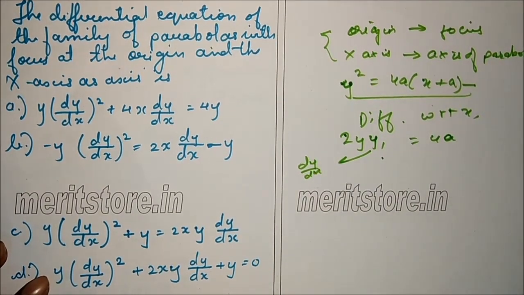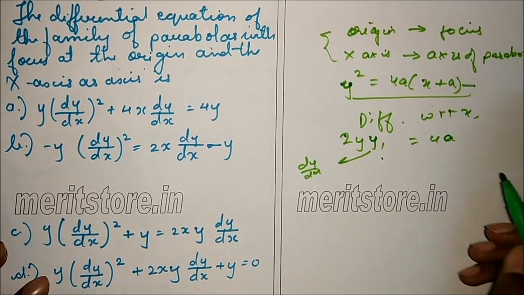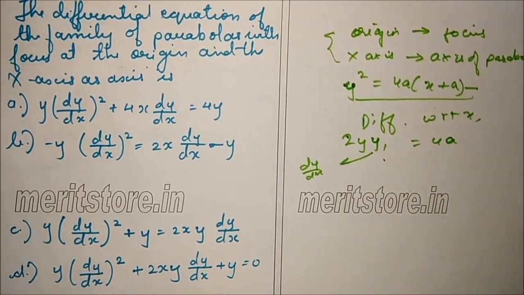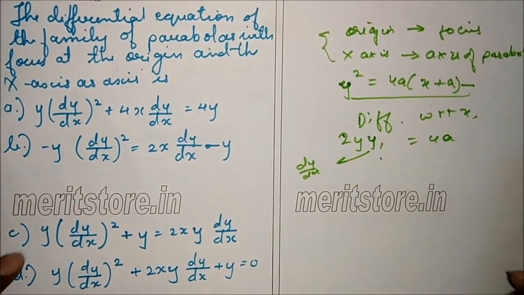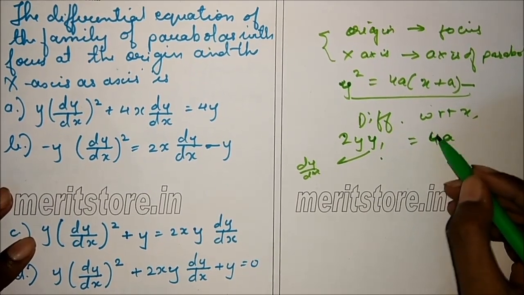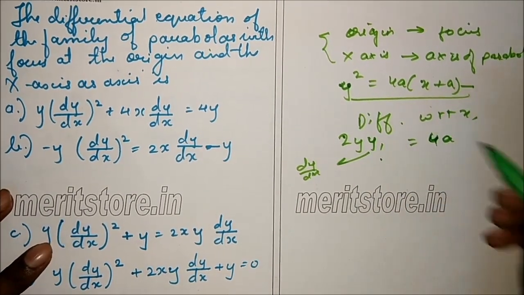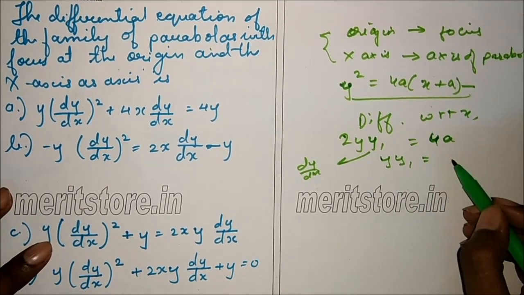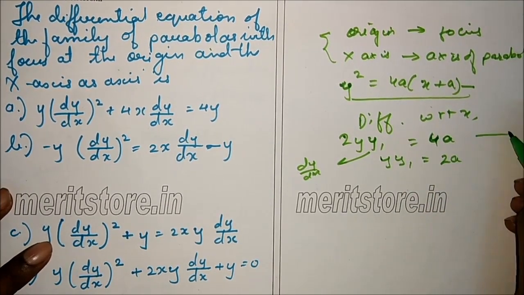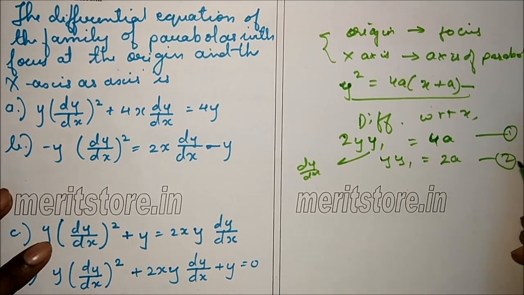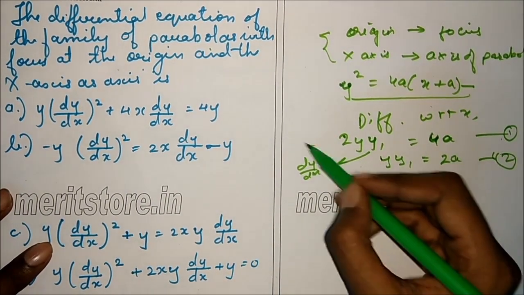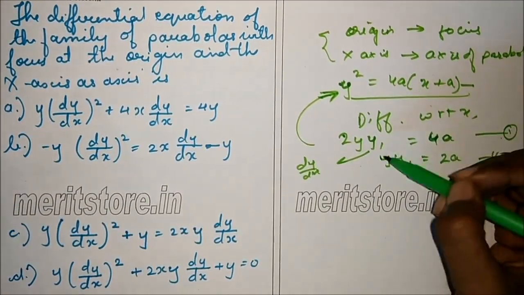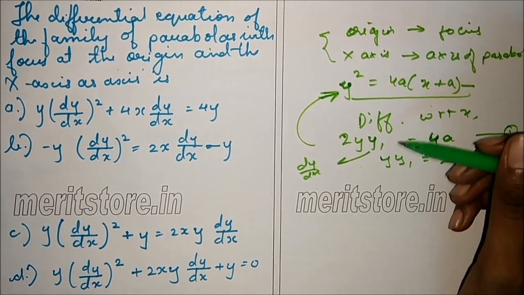So we got 4a as 2y y1. That is, y1 will be equal to 2a. So let this be 1, let this be 2. So we substitute 1 and 2 in the main equation. That is, we'll be substituting the constants with differential functions.